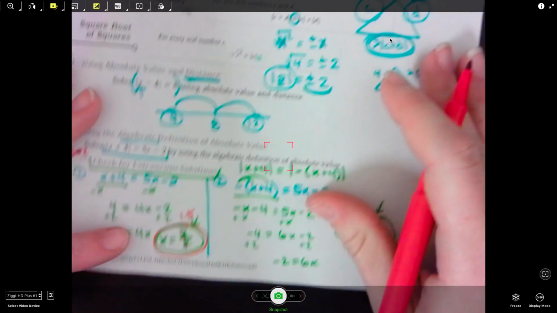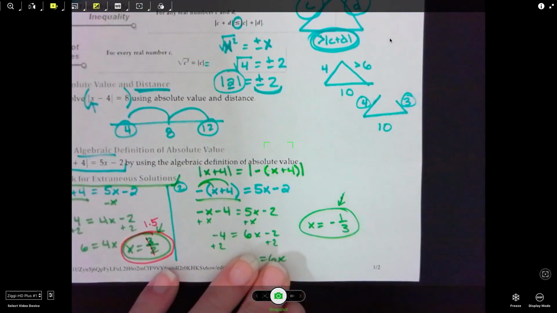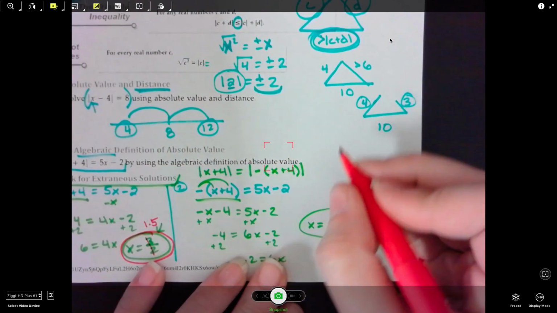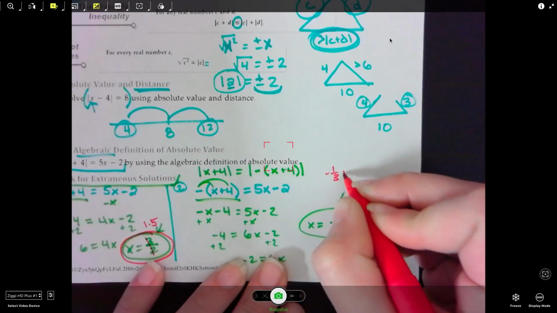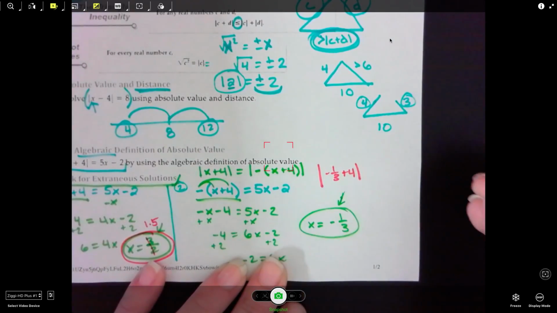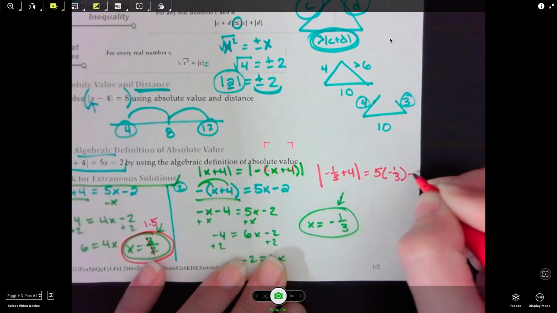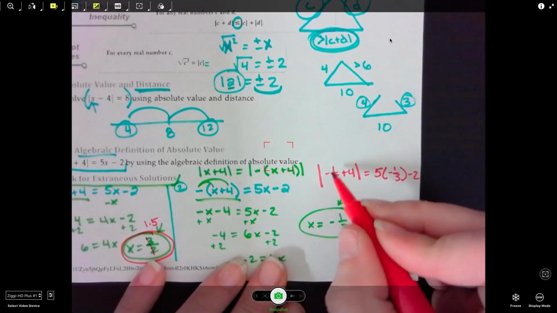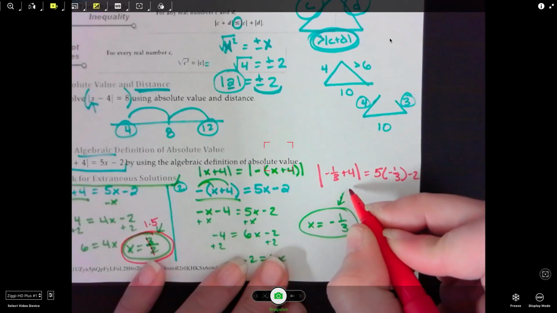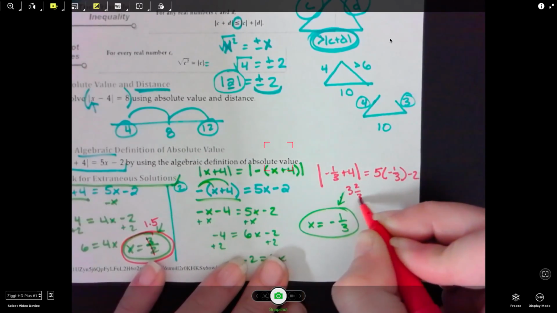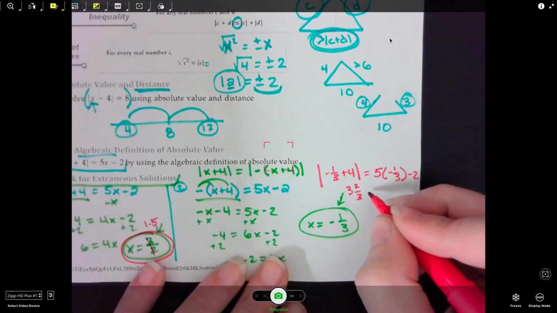Woohoo! The second one, if I plug in negative 1/3, I've got the absolute value of negative 1/3 plus 4 equals 5 times negative 1/3 minus 2, okay? Negative 1/3 plus 4 is 3 2/3, and when I take the absolute value, it's still positive.